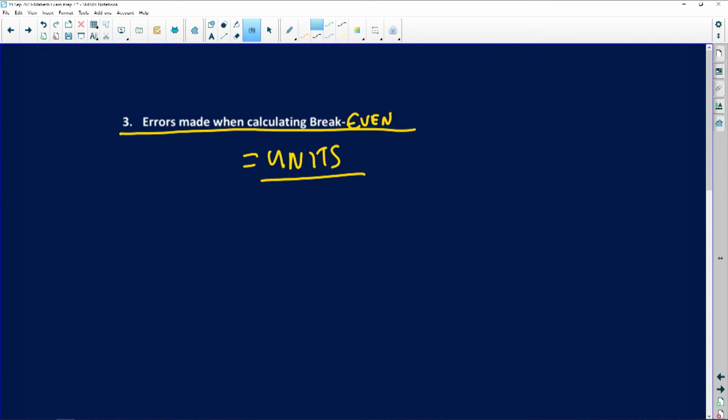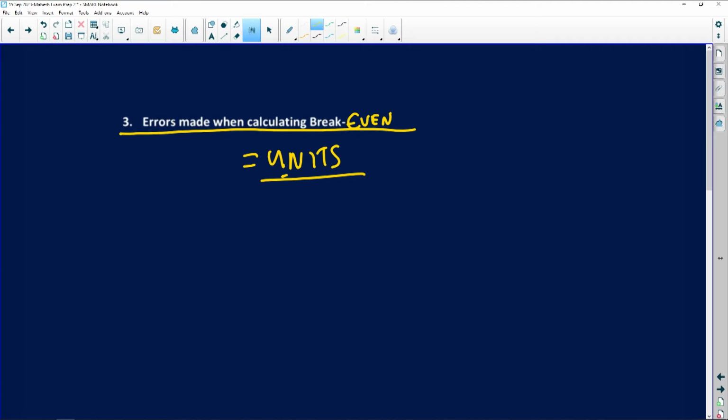Right, now what do we mean by units? If I'm manufacturing chocolates, how many chocolates must I make in order to break even? If I'm manufacturing cell phones, how many cell phones must I make in order to break even? Okay, now why am I emphasizing this? Because in your answer, remember when you get the answer, you are calculating units.